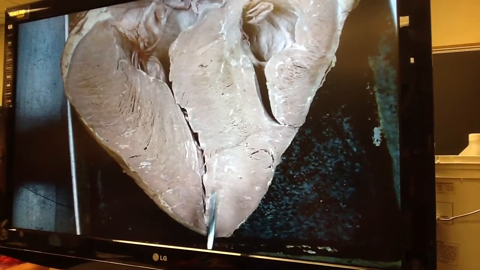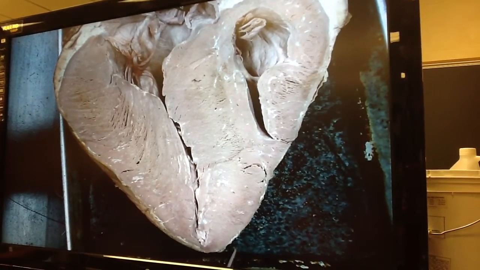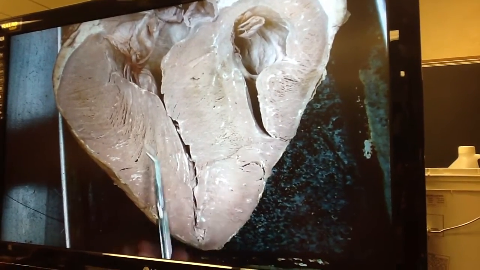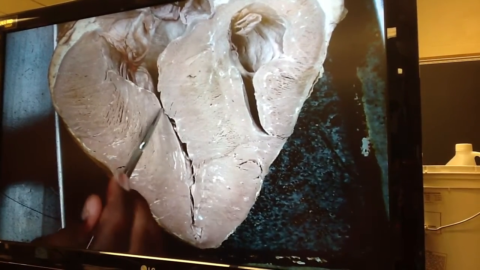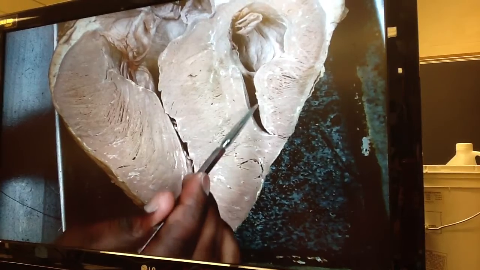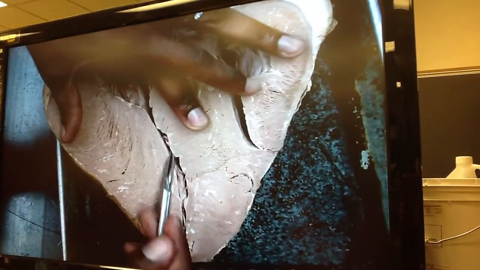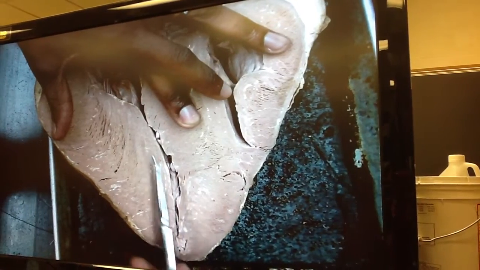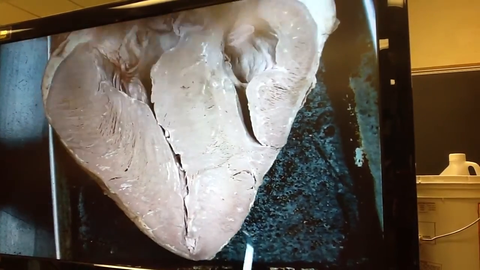Okay. All right? You see the outside of the heart? That's called pericardium. The muscle of the heart, myocardium. The inside lining, endocardium. Now, you'll notice going from wall to wall, Mr. Gilmore, these bands. That's called a what?